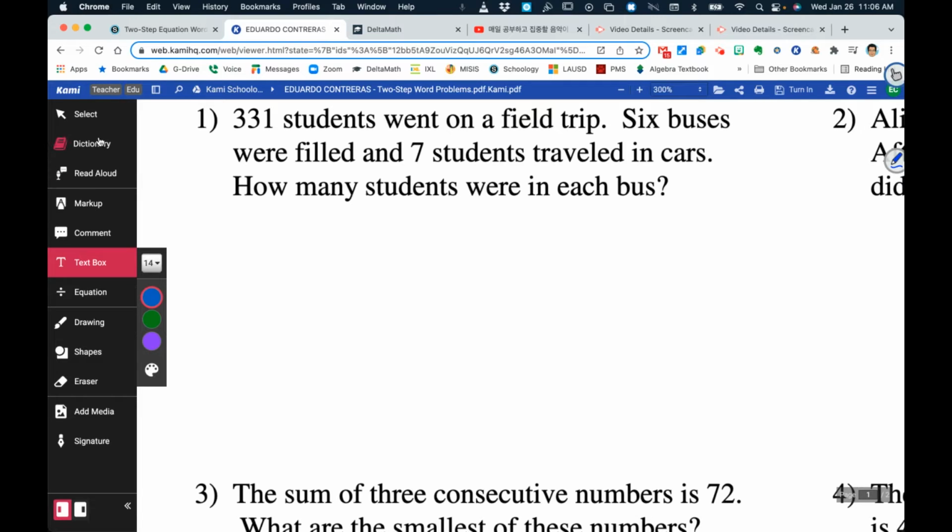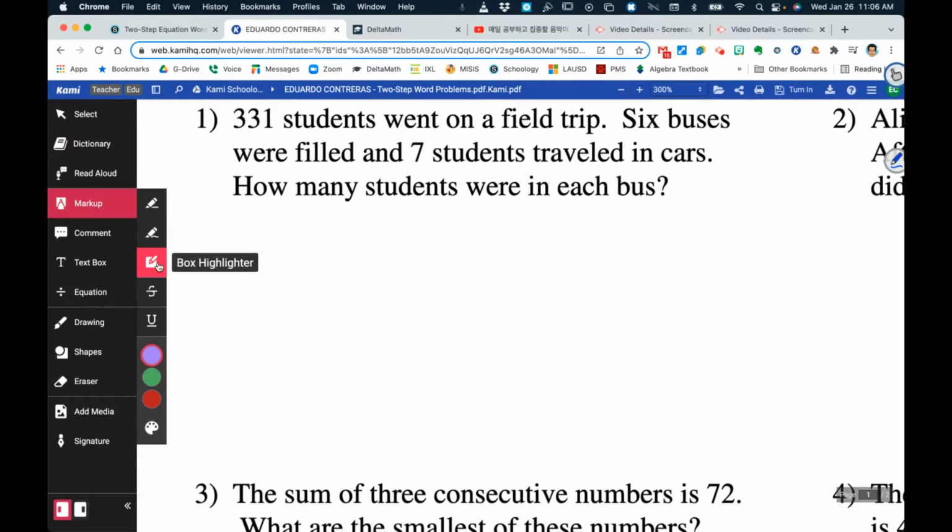So we should probably get some important information. I'm going to go to markup and make sure I'm on the box highlighter. I have this fact here: 331 students went on a field trip.